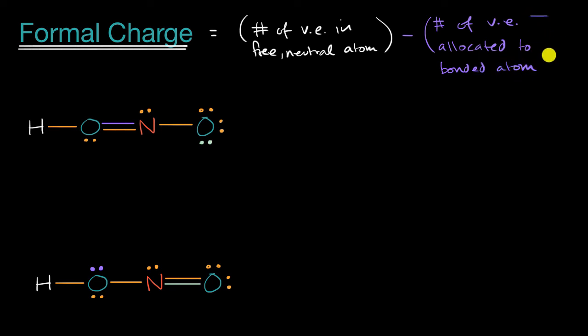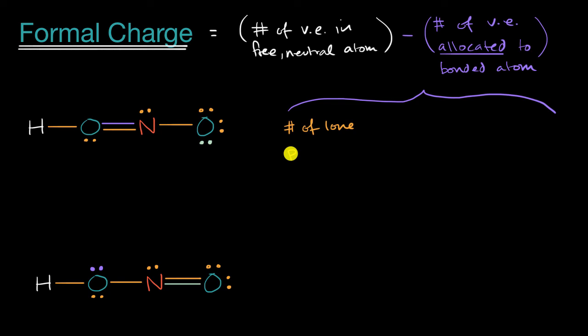And so your next question is, what does it mean to be allocated? Well, I will break up this definition a little bit. The valence electrons that are allocated to a bonded atom are going to be the number of lone pair electrons plus 1/2 of the number of shared electrons.